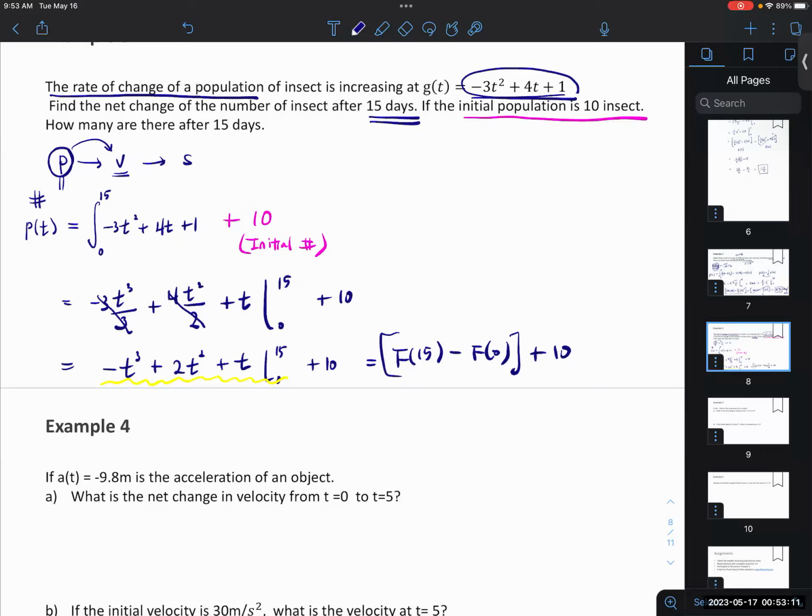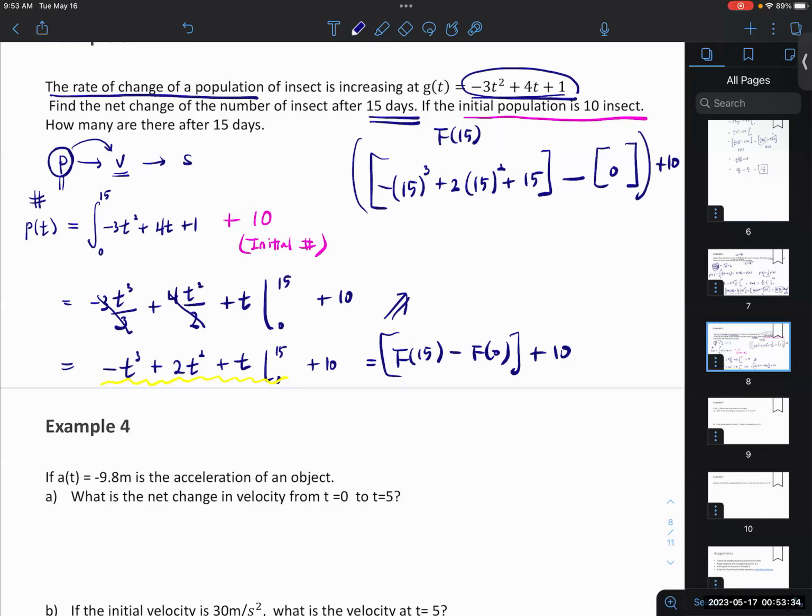So let me keep working. So negative 15 to the third, plus 2 times 15 to the second, plus 15. This is a capital F of 15 minus everything is going to be 0 because you're plugging in 0 everywhere. So that's all 0. At the end, you are adding 10, the initial number.